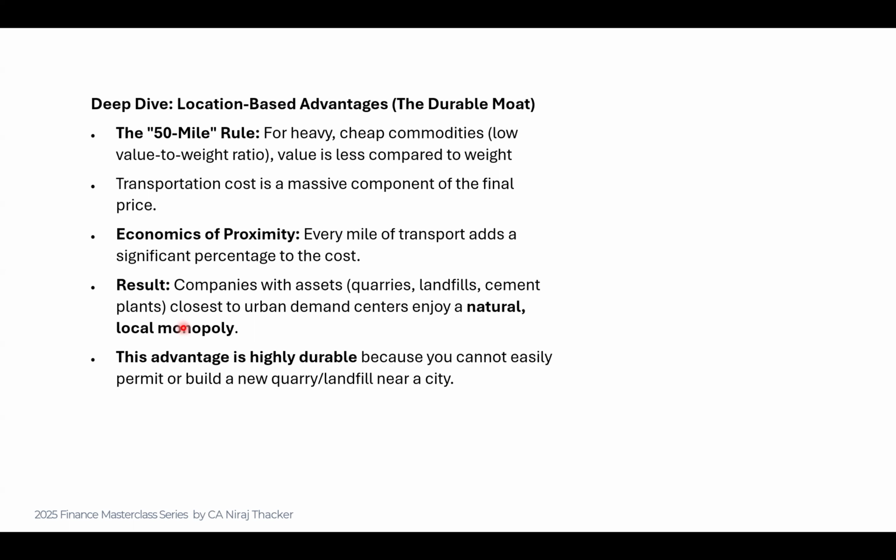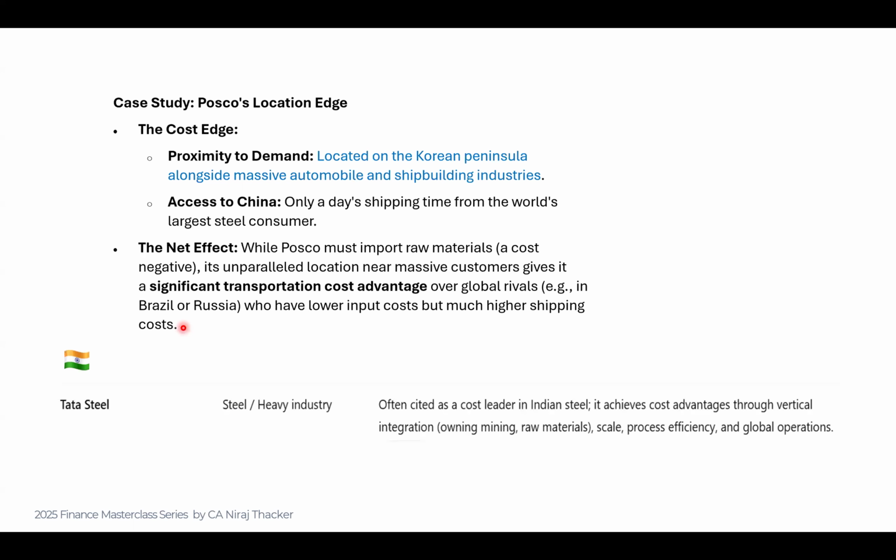So you will see there will be so many regional players, and when you go there, people will prefer regional players rather than an international level player, correct? So in cement and all, you can see local players have a very good edge in their area of territory. One example is POSCO, because POSCO is very close to the Korean Peninsula, which is a massive automobile hub.